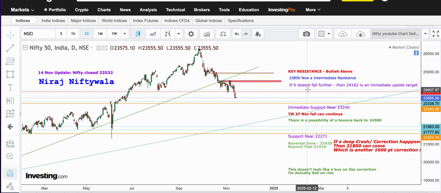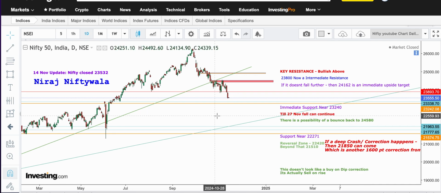Now what will happen next? From here, I am just assuming that the crack has happened, the crash has happened, the correction has happened. With that assumption, what will happen? If it doesn't fall further, then 24,162 is an immediate upside target. Assuming that today is 14th of November close, and 15th November is a holiday, we'll open on Monday, 18th of November, and things start looking good from here.